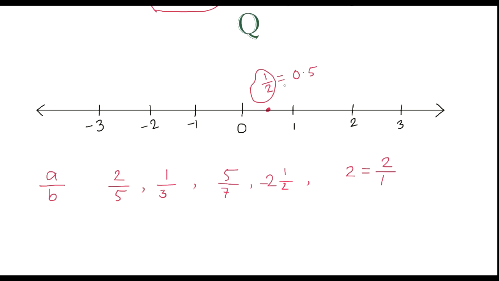You can write them as decimals also. Half can be written as 0.5. 2/5 can be written as 0.4.